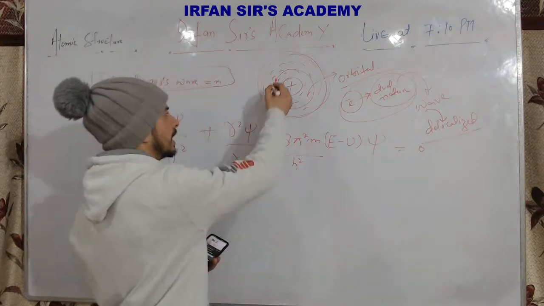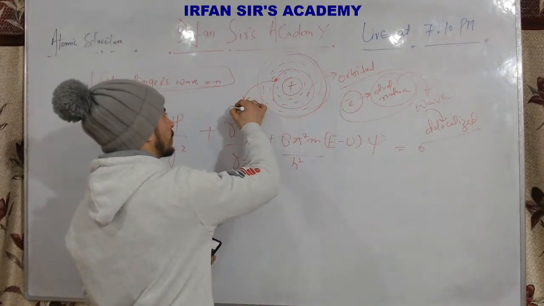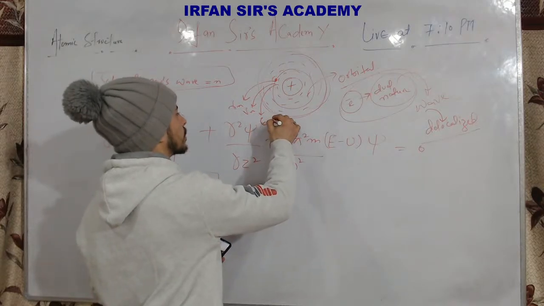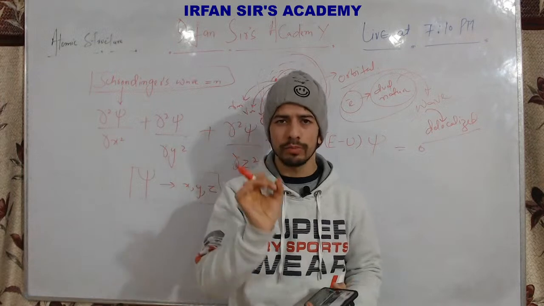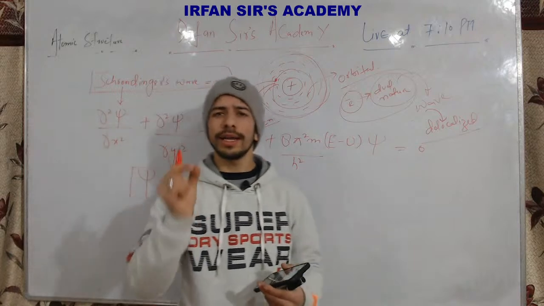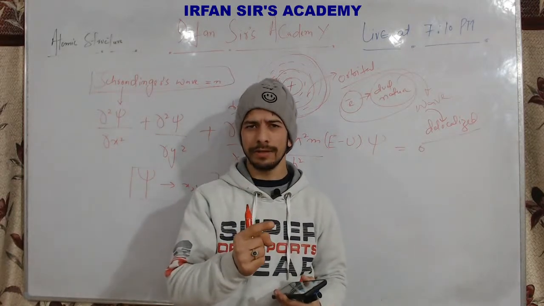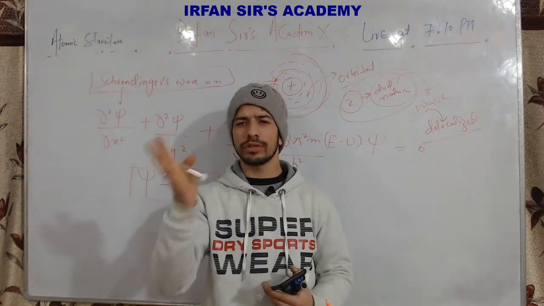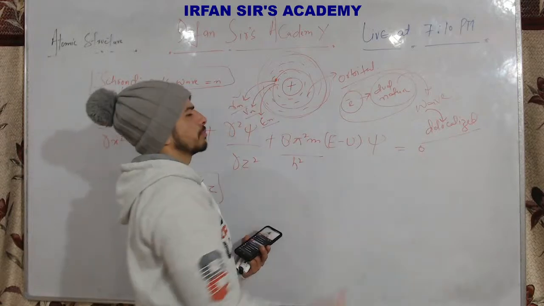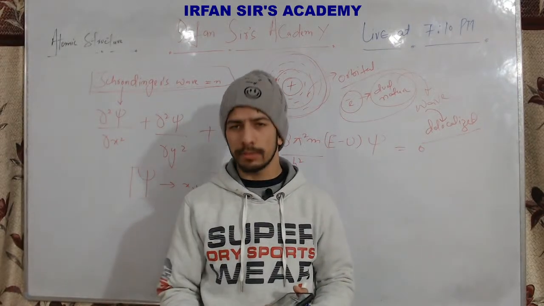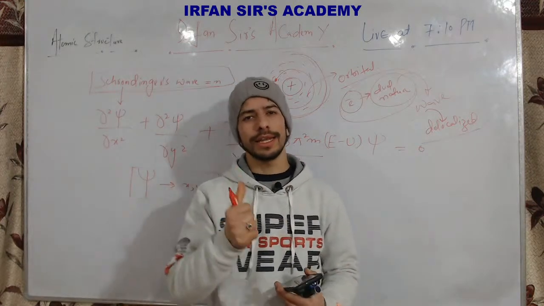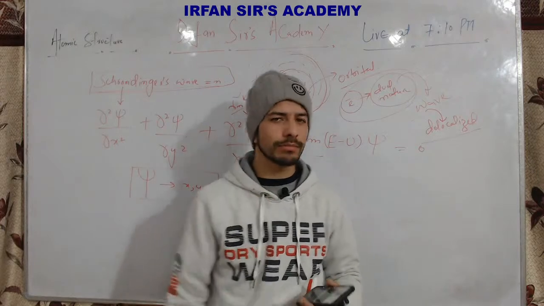According to Bohr you can determine the radius, velocity and energy of an electron for hydrogen and hydrogen-like species. But you cannot simultaneously determine the position and momentum of the electron, or its energy with respect to time, according to Heisenberg's uncertainty principle.